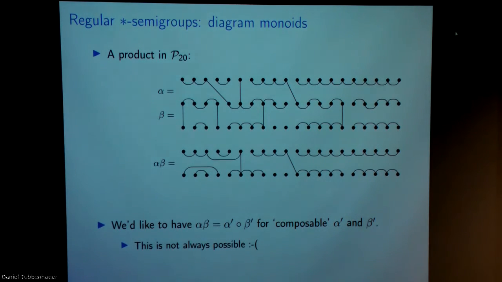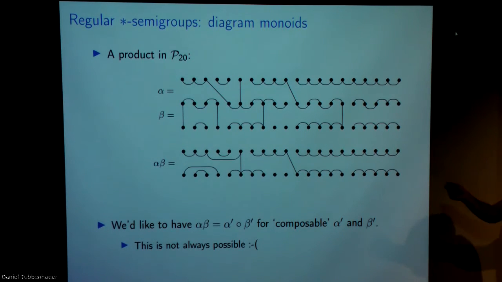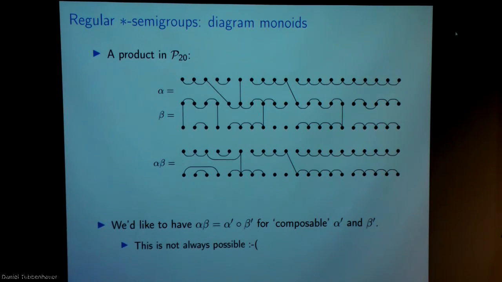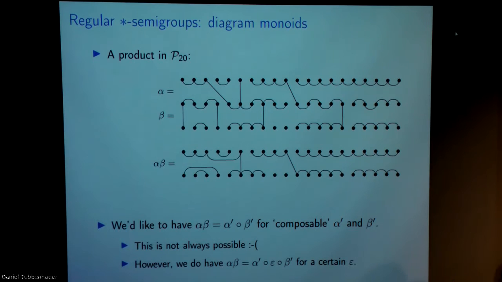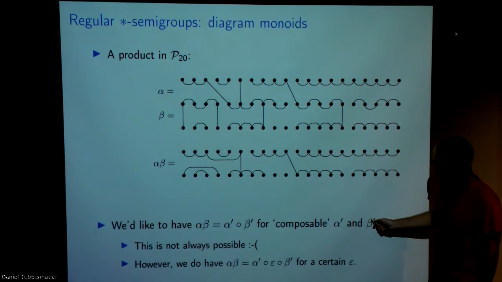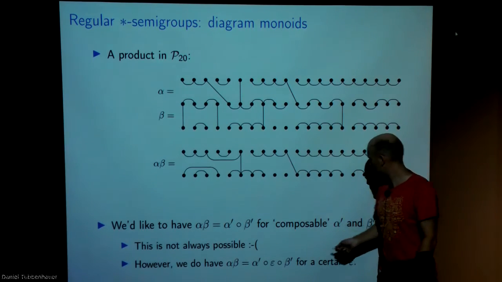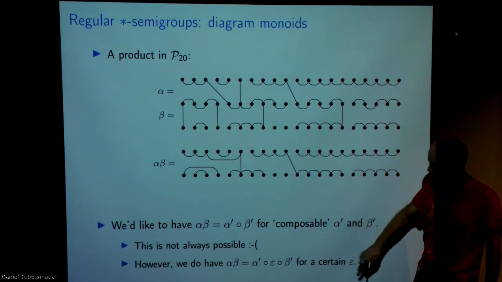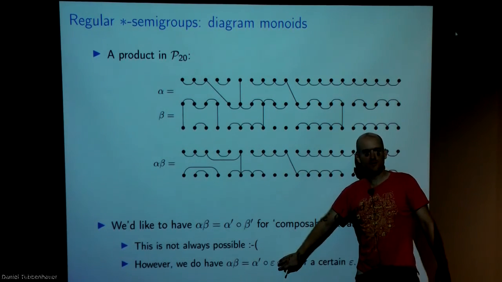It turns out that it's not always possible to do this, but it is possible to find nice alpha' and beta', below alpha and beta, and something also nice to stick in between.